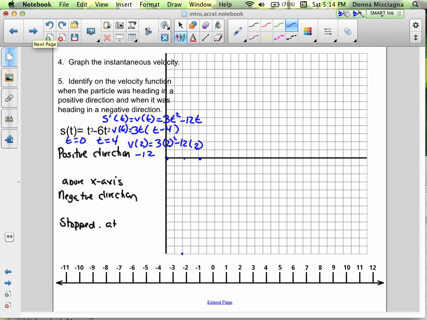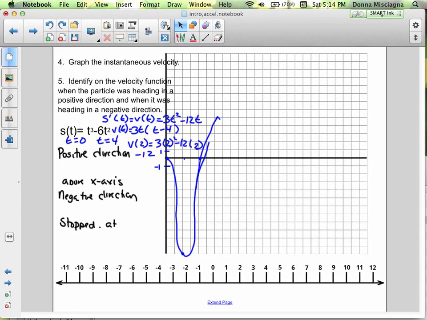This time the scale was just 1. So here's our graph. There we go. So this is s prime of t, which is also equal to v of t.